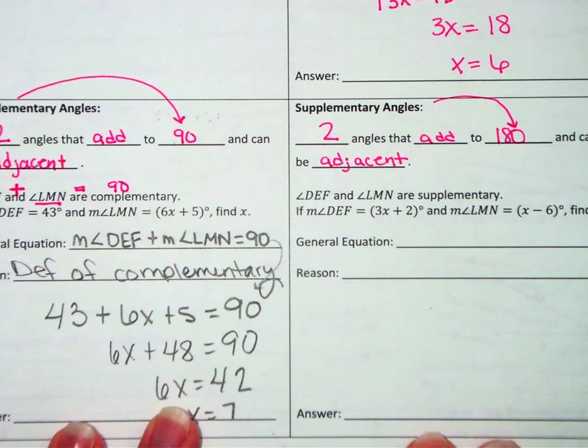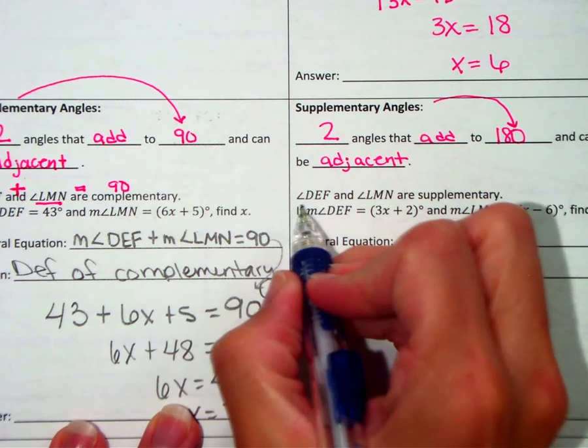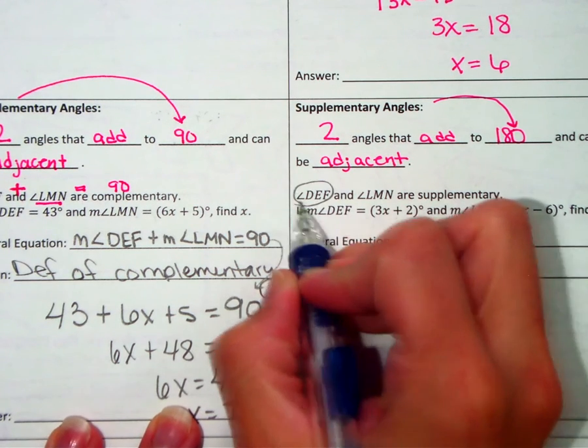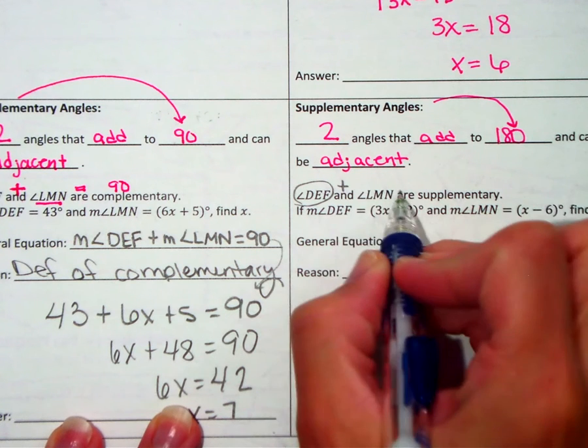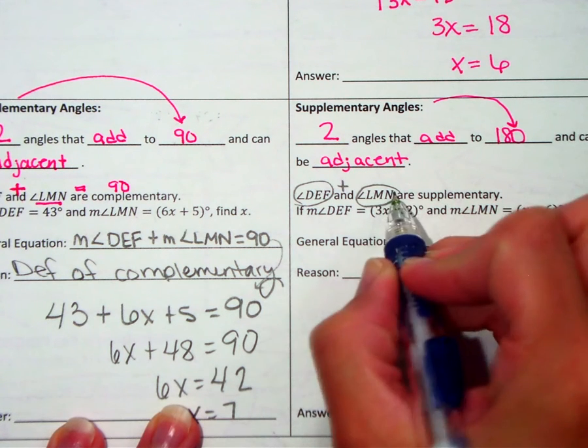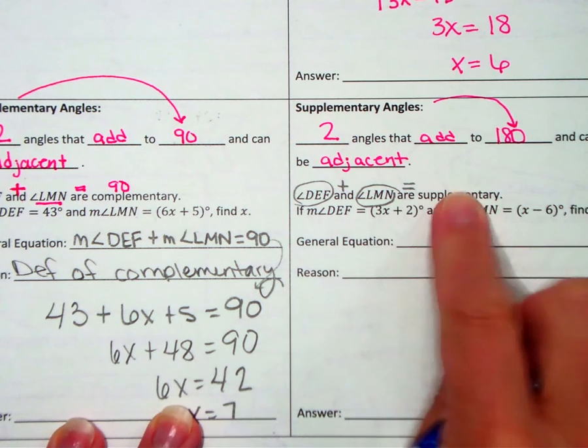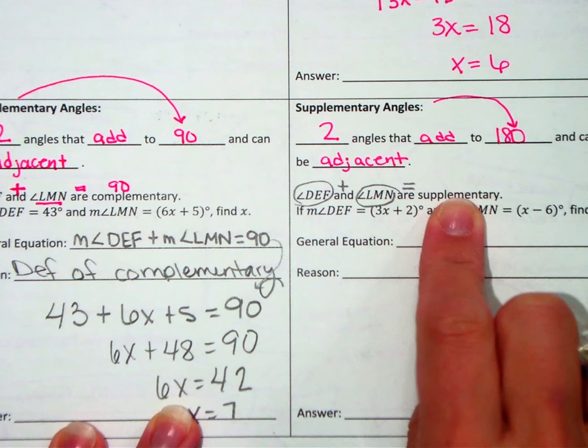Okay, so again, right here, it's telling you to take this angle and this angle and set them equal to, and then this is the word you have to know. Is this 90 or is it 180?